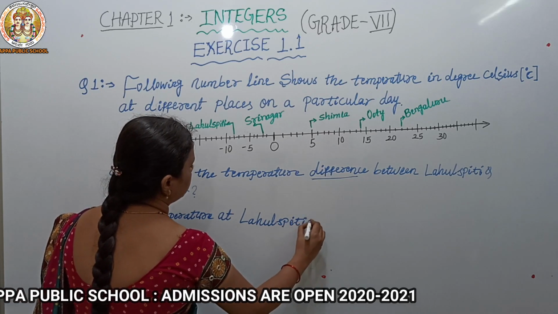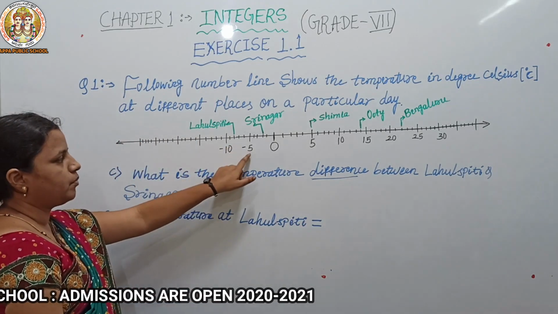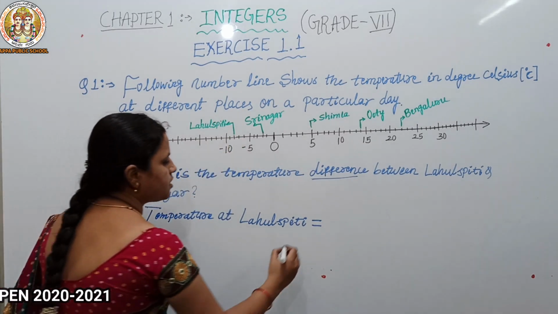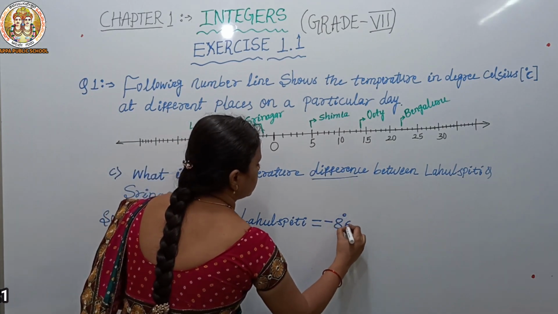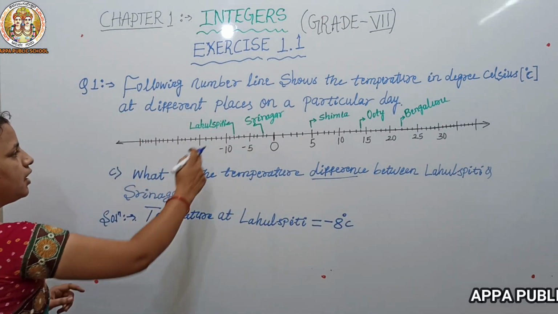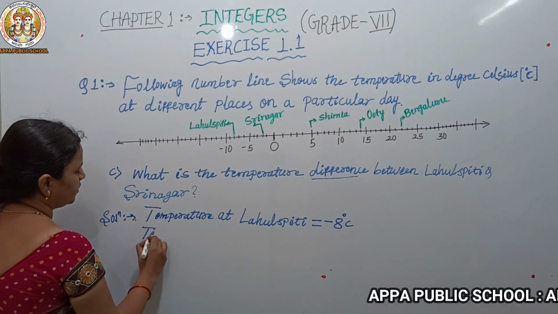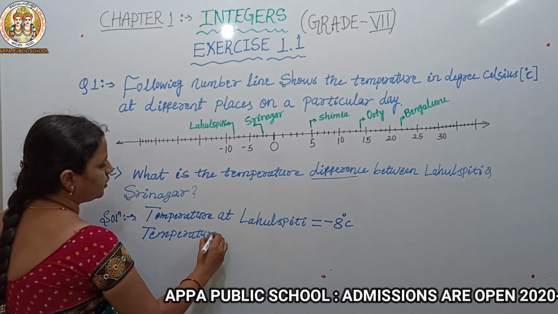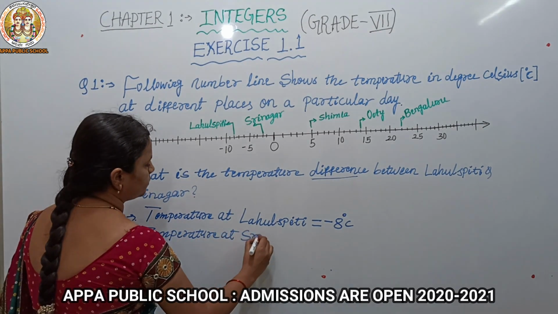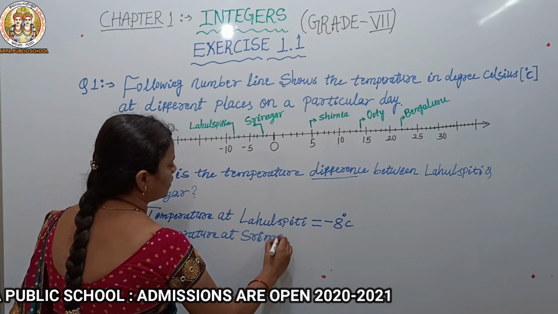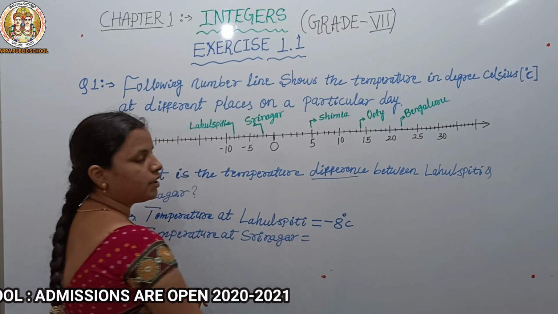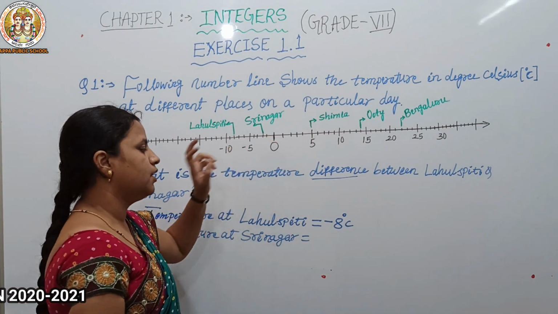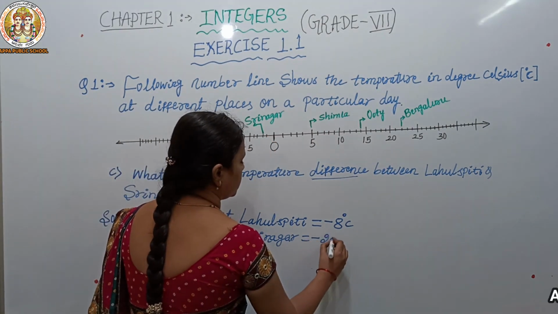What is the temperature at Lahaul Spiti? See here, it is minus 5, minus 6, minus 7, minus 8 degrees Celsius. And afterwards the temperature at Srinagar. What is the temperature at Srinagar? See, 0, minus 1, minus 2 degrees Celsius.